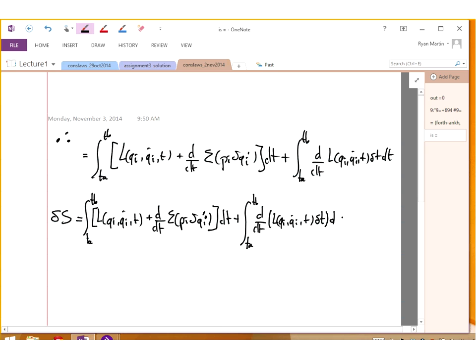dt, that's just the first term, and then minus the integral of L at qi, so that's the unvaried qi dot t dt, from ta to tb. So that's now delta S. So it's the same term as above minus the normal Lagrangian action.